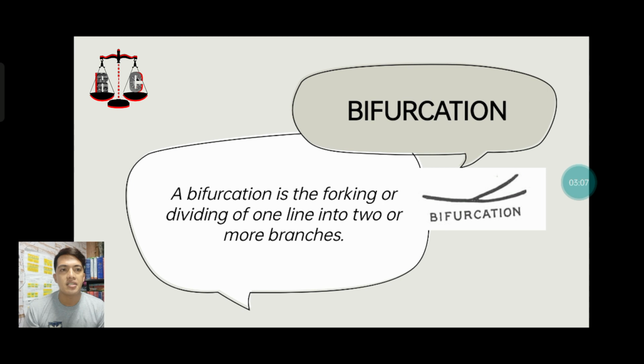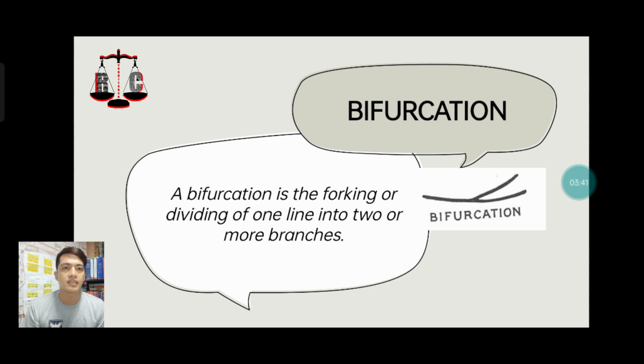A bifurcation is the forking or dividing of one line into two or more branches. As you can see in the illustration, it forms a branch. It is one ridge at its start, but when it reaches the front, it splits and forms two or more branches, so you consider it a bifurcation. To remember it easily, think of the words forking or dividing.